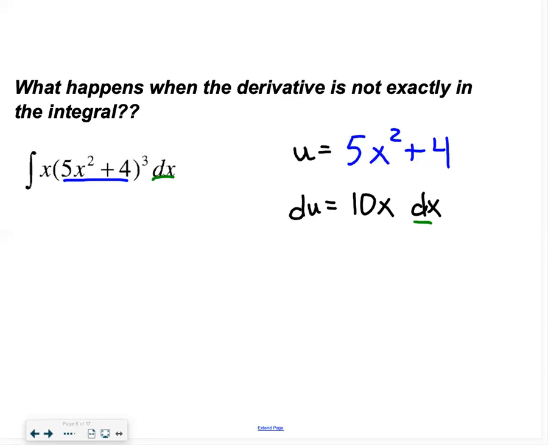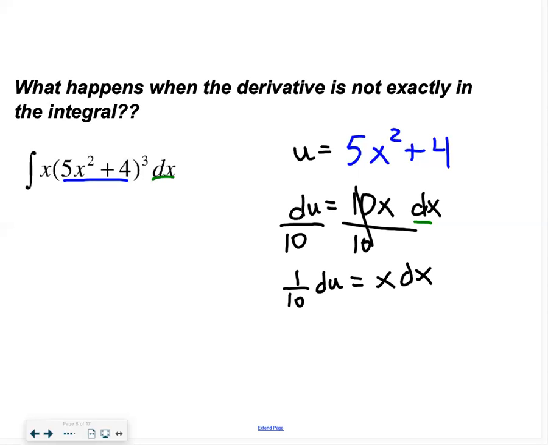If they don't match, get them to match. So if I want x dx to be right here, that means I need to divide this side by 10. So this 1/10 du is x dx.